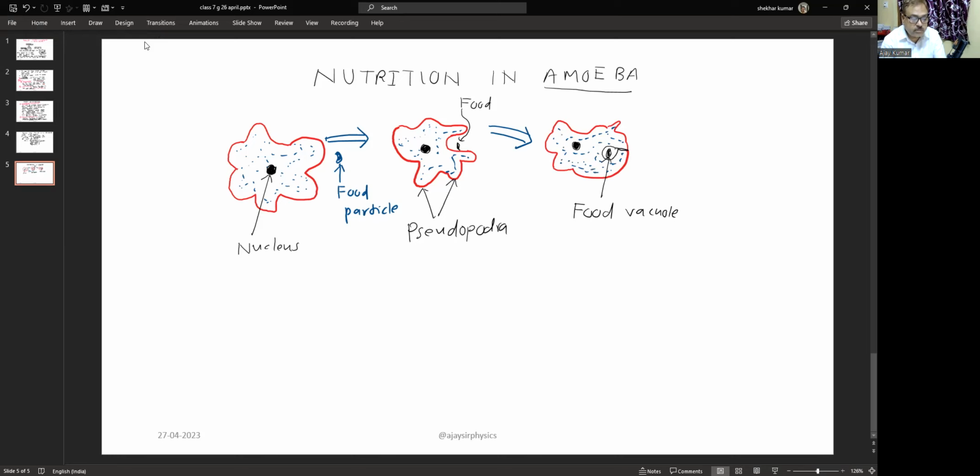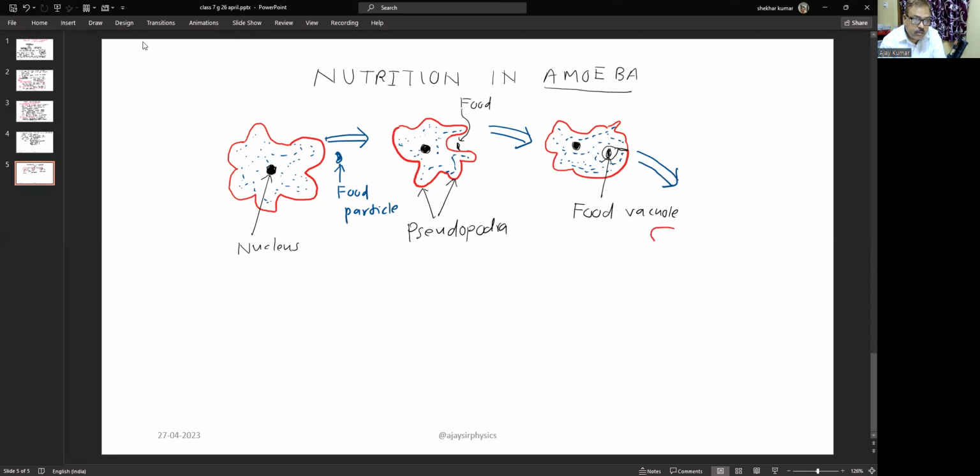Yes, we have reached the third stage, and after taking the food inside, the food remains inside the food vacuole. You can see here how the amoeba takes its nutrients and digests the food.